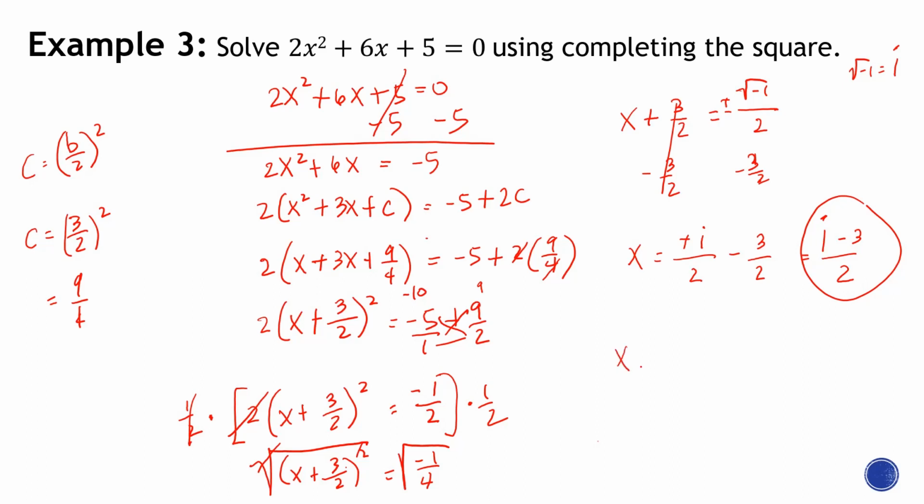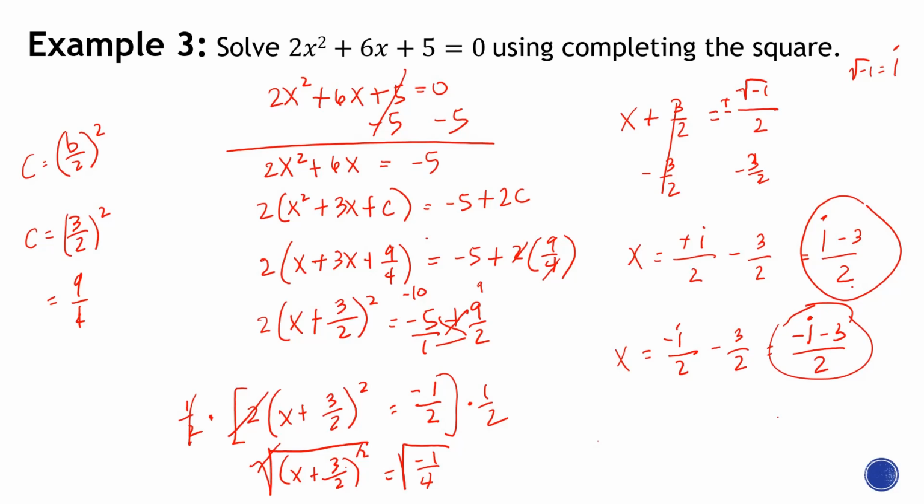And then the next one is negative i over 2 minus 3 over 2, which is equal to negative i over 2 minus 3 over 2. There you go.